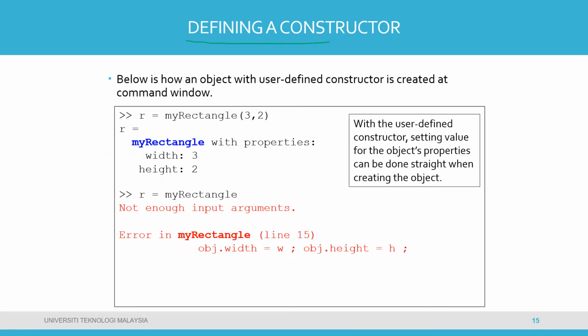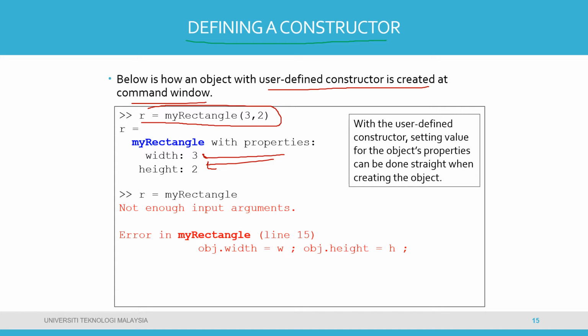So defining a constructor: below is how the object with the defined constructor is created in the command window. You can see here, if you put r equals myRectangle 3 2, it will produce something like this, 3 and 2. So it will automatically define width and height as 3 and 2.